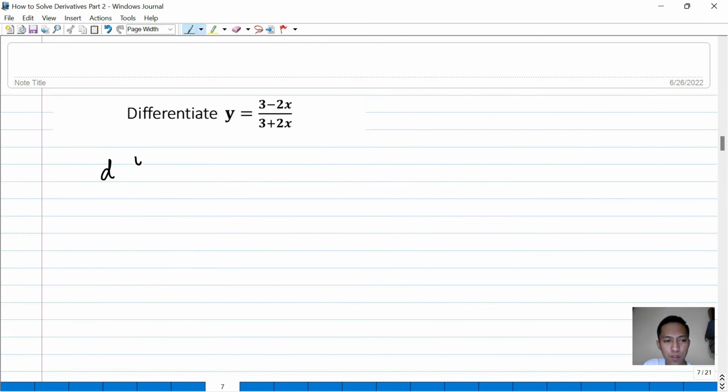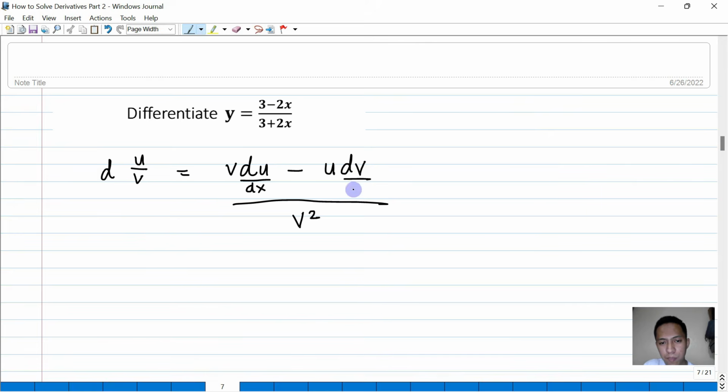The derivative of u over v, so that is quotient, is equal to, we have here v, copy the denominator, times the derivative of the numerator, minus the numerator times the derivative of the denominator, all over the square of the denominator. So those are all differentiated with respect to your independent variable. So in this case, x din siya. Okay? So let's just apply this one.